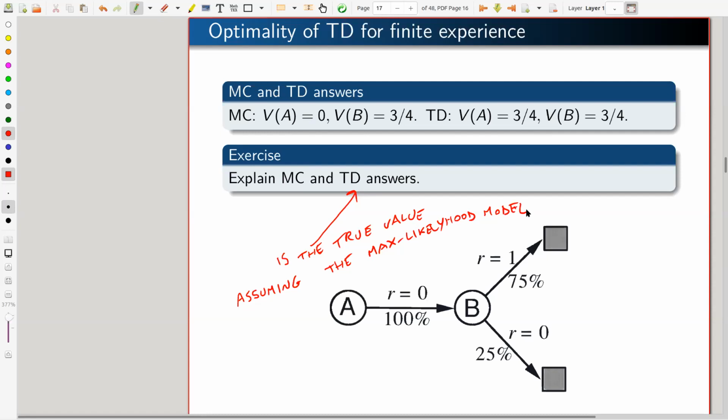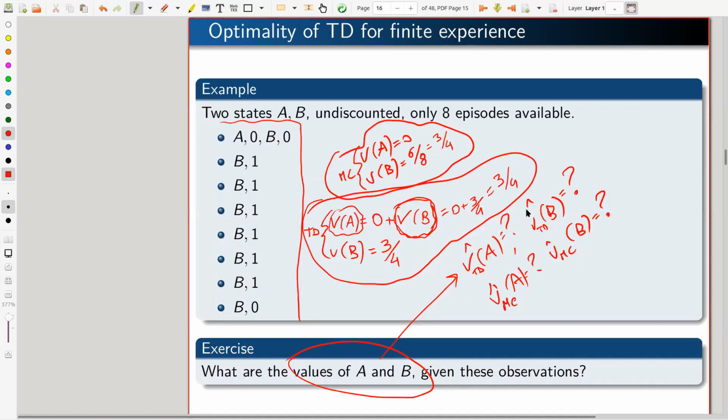What does this mean? When I have experience, I have a notion of maximum likelihood probabilities. I mean, what is the model? What are the probabilities underlying a certain Markov decision process that I don't know, but that contains the states A and B and gives, at least in this situation, these rewards? And when in B, always terminate. What are the probabilities of such a Markov decision process that would give me this experience with the maximum probability?